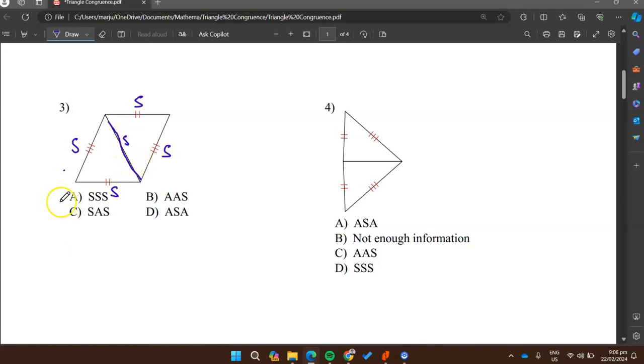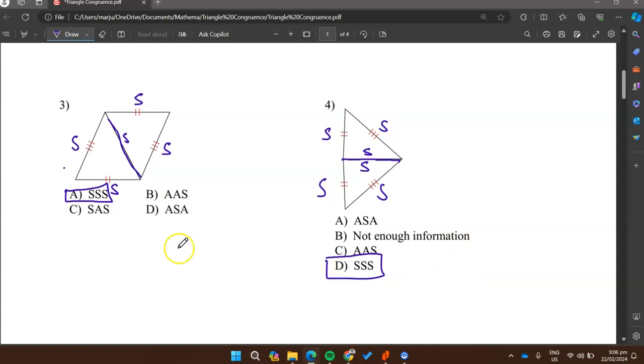The answer is yes. How? We have the SSS, or side, side, side. Let's have number 4. Again, this side is congruent to this side is congruent to this, and this side is congruent to itself. So we have SSS. So we have again letter D.